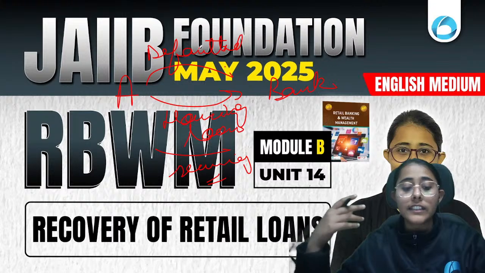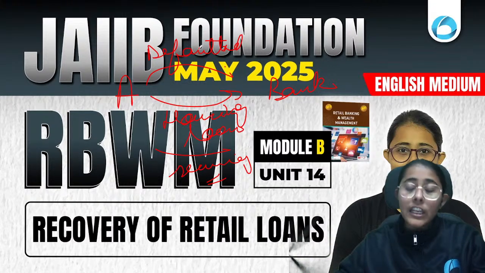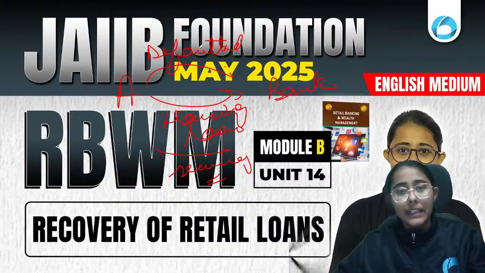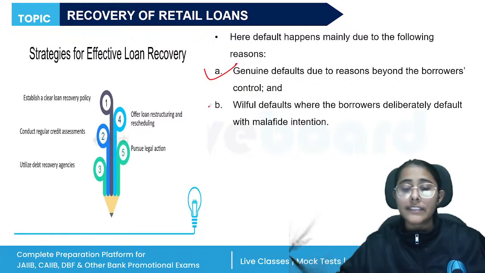We are going to discuss the different categories of the substandard or doubtful assets and what measures the bank can take. When we talk about the default in the case of a retail loan, this default can either be because of some genuine reasons, or it can be because of a willful reason.